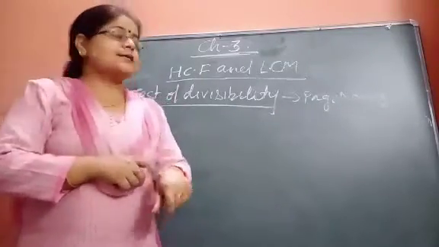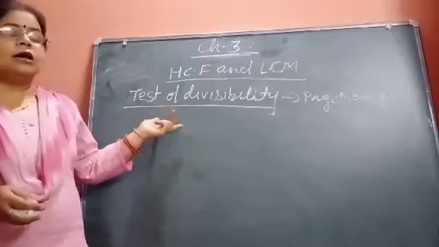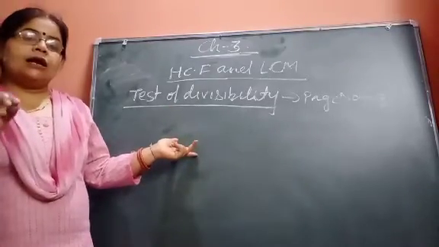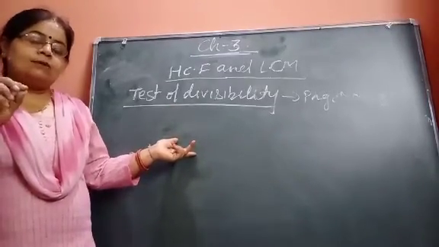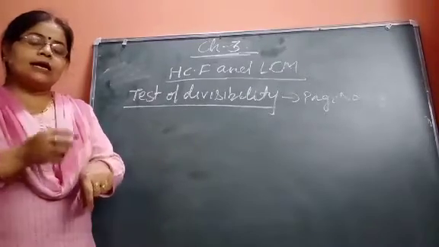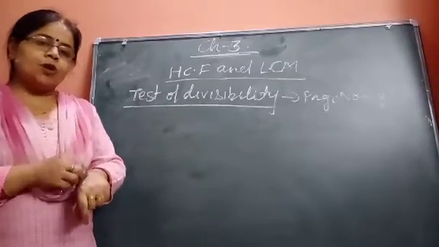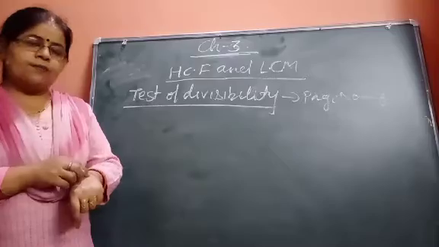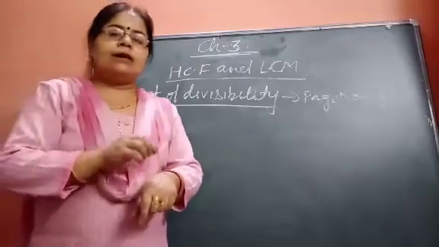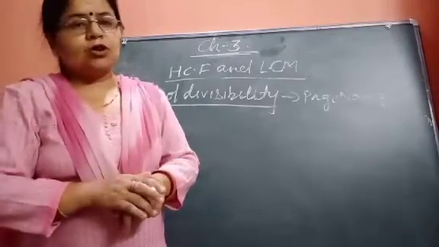Then next comes divisibility of 6. When will a number be divisible by 6? If a number is divisible by both 2 and 3, then that number will be divisible by 6 also.